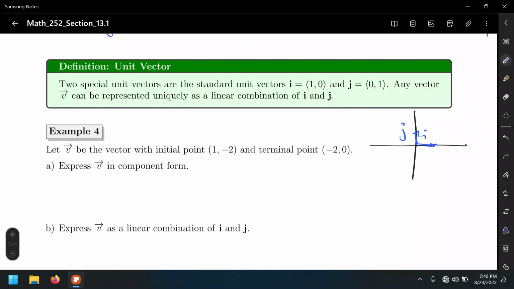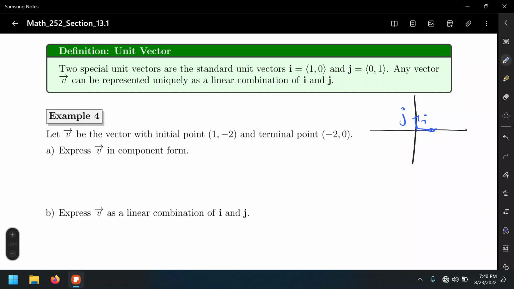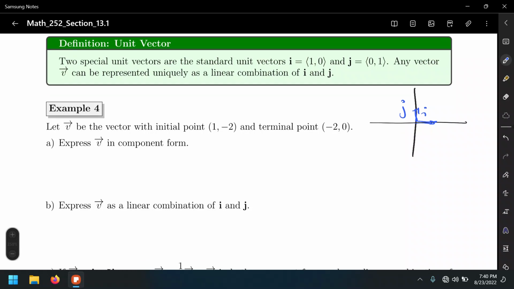Alright, so let's express a vector. Let's use the new notation so you can see how this looks. Express, number 1, a vector that passes through the points 1, -2 and -2, 0. And in this case, be careful.